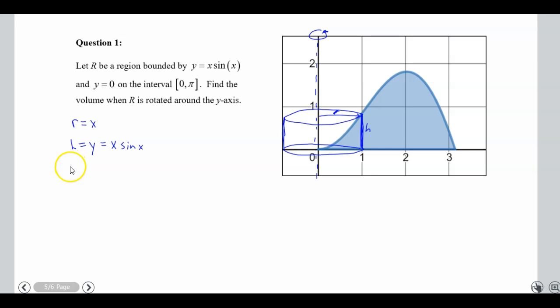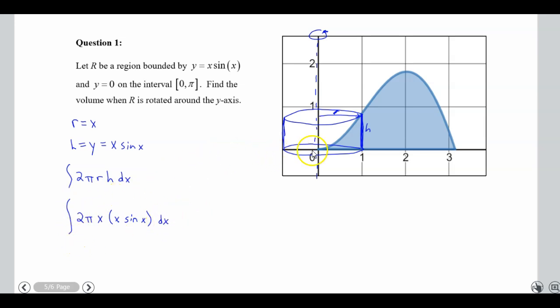And go ahead and set up, so we're going to be integrating, don't forget for shells, 2 pi r times h, and then dr... dx. So that's why everything needs to be in terms of x. So go ahead and set up your integral. We've got the integral of 2 pi x times our height, x sine of x, and then dx.